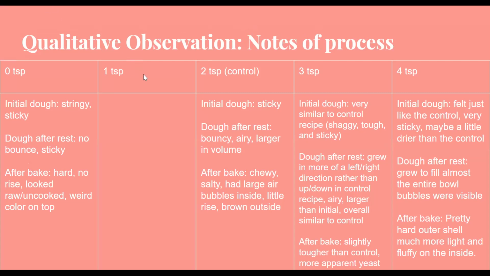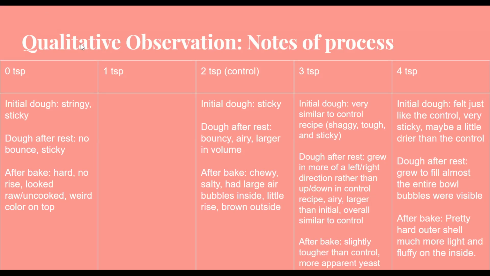For the qualitative observations, for 0 teaspoons, the initial dough was very stringy and it was a little bit sticky. After resting, there was no bounce and it was still sticky. After being baked, it was hard. There was no rise and it looked kind of raw or uncooked with no brown color on top.